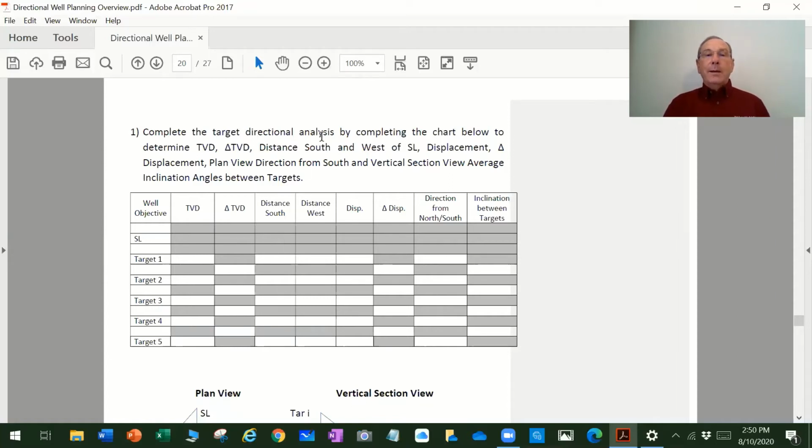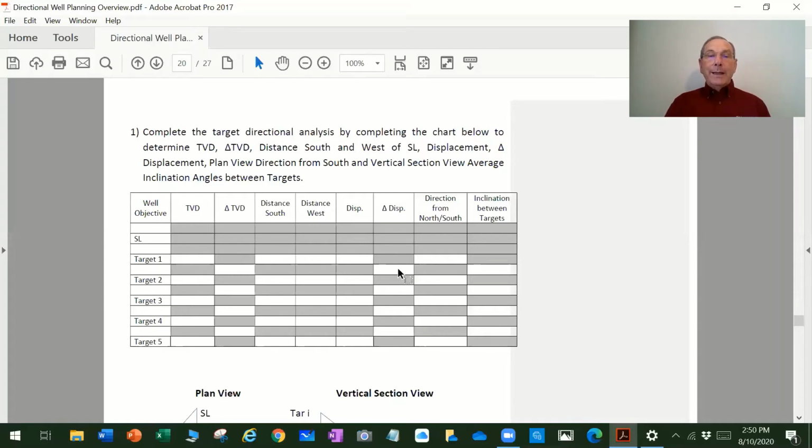We're going to calculate the distance west for each target from the surface location. We're going to calculate the total displacement of each target. And of course, as we've already seen, the displacement is going to be the square root of the sum of the squares of the west component and the south component.